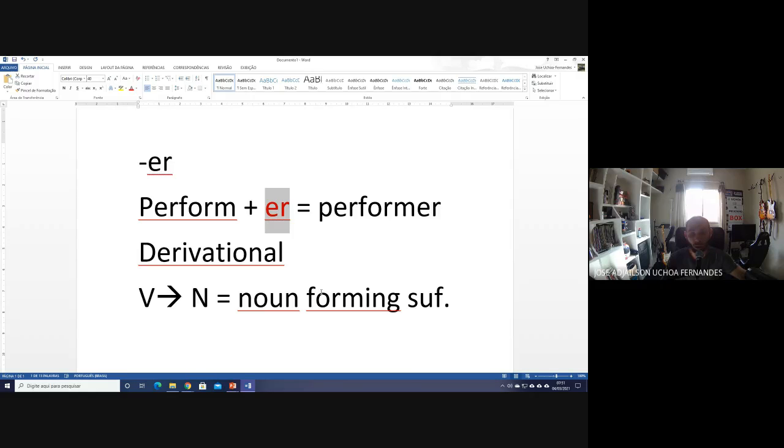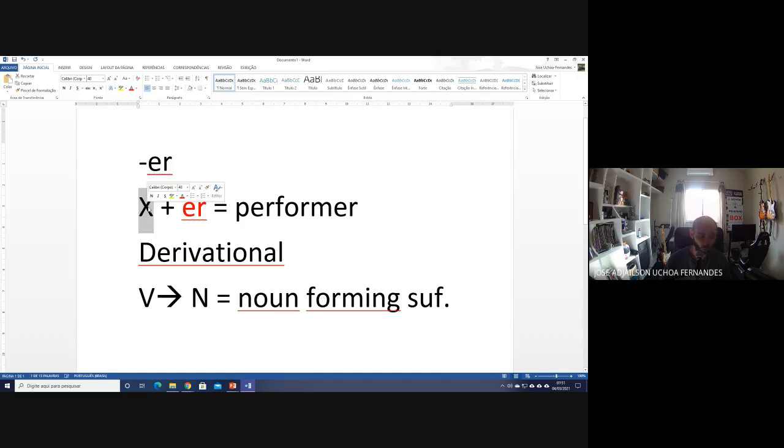Yeah, that's it. So let's work mathematically because sometimes morphology is kind of similar to math. An Xer is someone that does X, okay? Or a Yer is someone that does Y, okay?